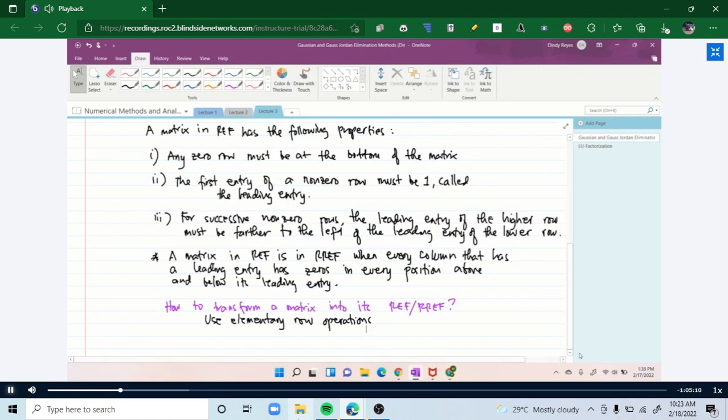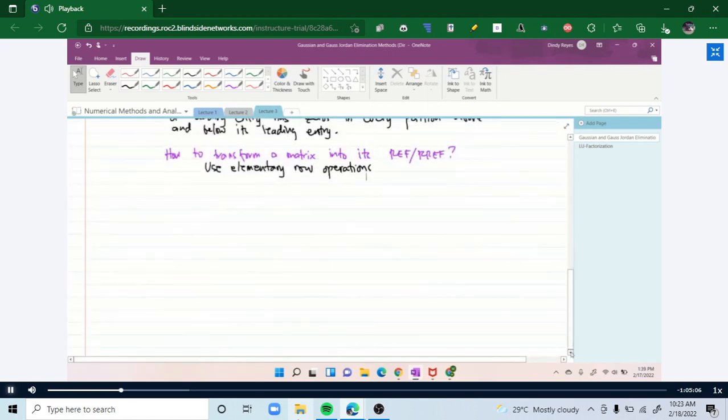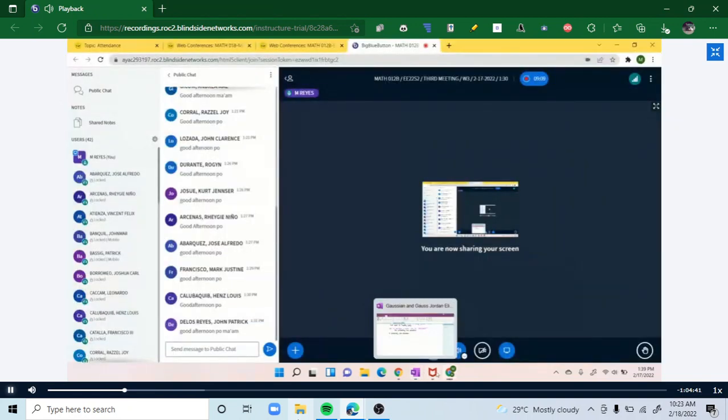As you may have remembered, we have three elementary row operations. I'll give them to you, and then the notations also that we'll be using whenever we perform elementary row operations.